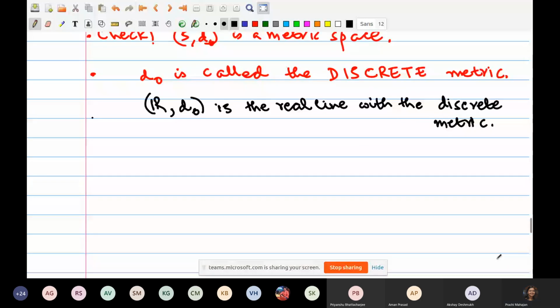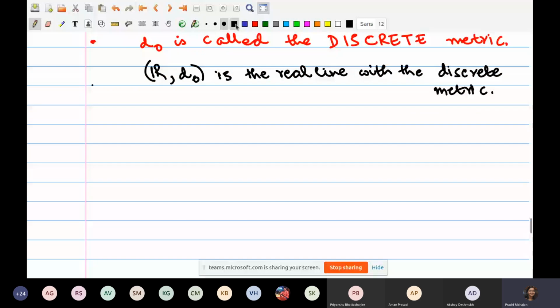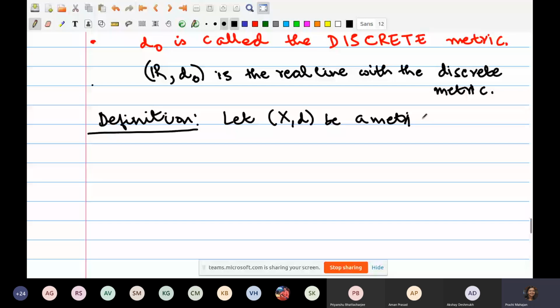Definition. Let X, D be a metric space. What does it mean? X is a set, D is a metric on the set X, satisfying 1, 2, 3, and 4.